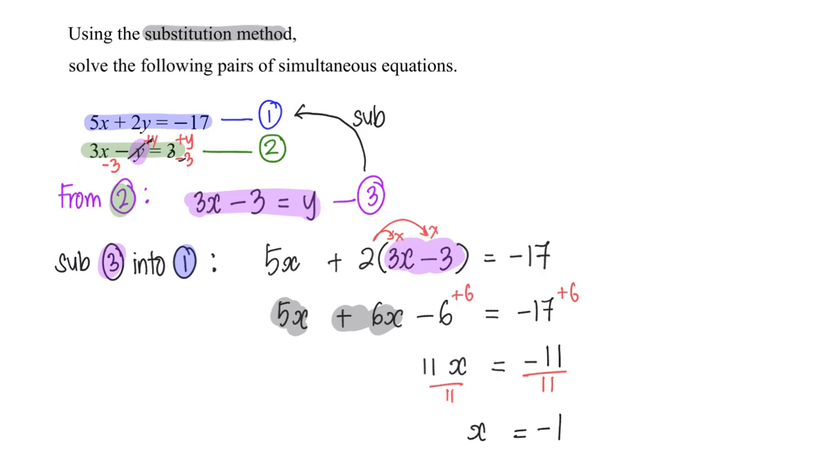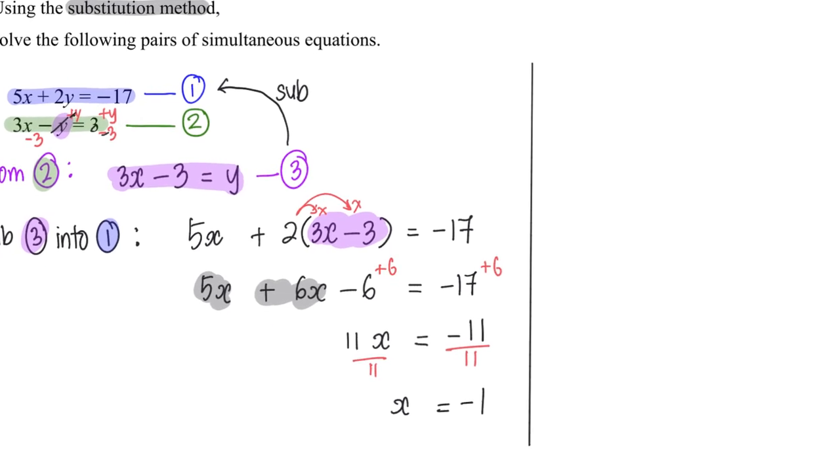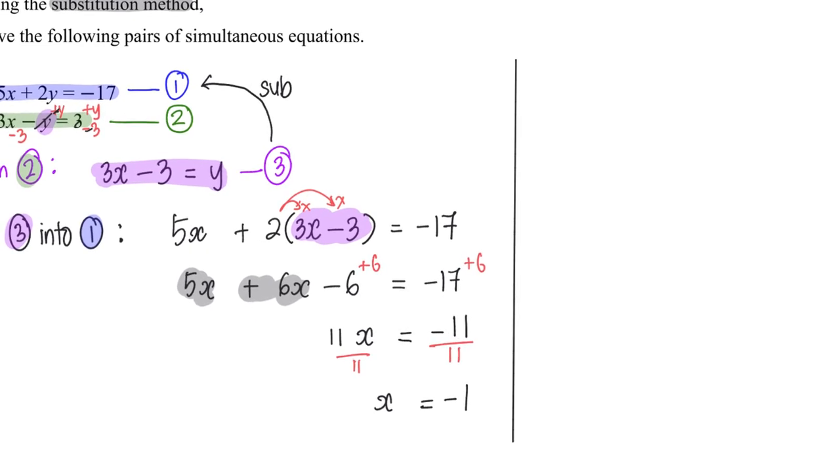And once I have the solution for x, I can then substitute this into any of the equations. Usually we substitute into equation 3 because I know the equivalent form of y, which is shown in equation 3. Equation 3 would be 3x minus 3. This is equals to y.